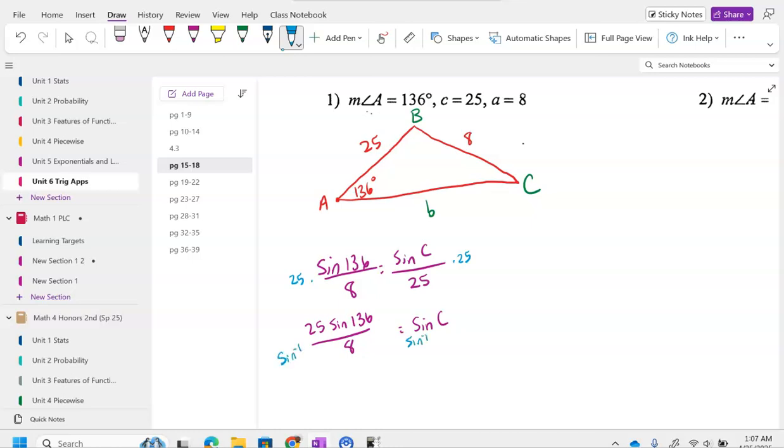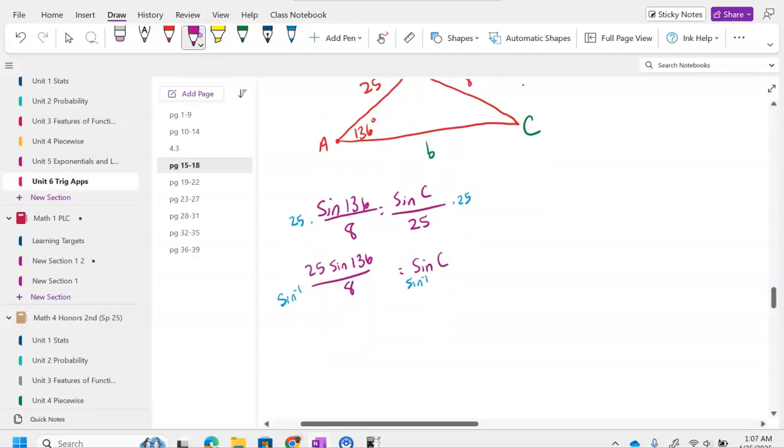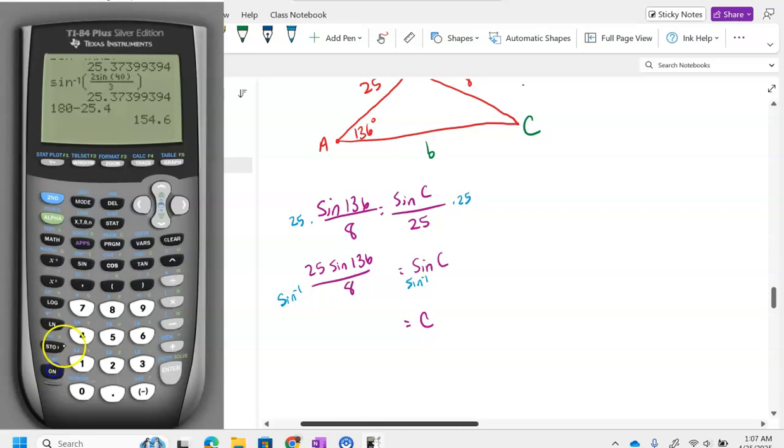So we're literally going to be doing the inverse sine of this entire thing, because remember, if we just do the fraction, we'll get a decimal, and then we'll have to do the inverse sine of that decimal. So either way, it'll work. All right, so if I go 25 sine of 136 over 8, we get this 2.2 as the decimal, and then we're going to have to do the inverse sine of that decimal.